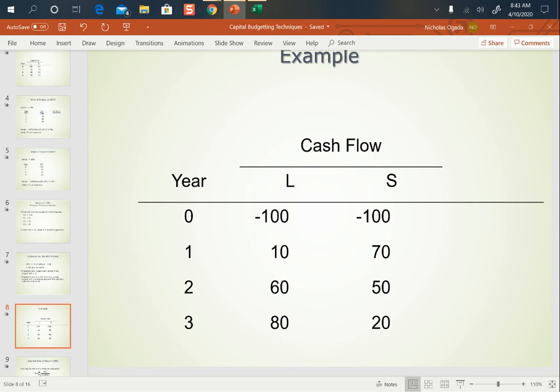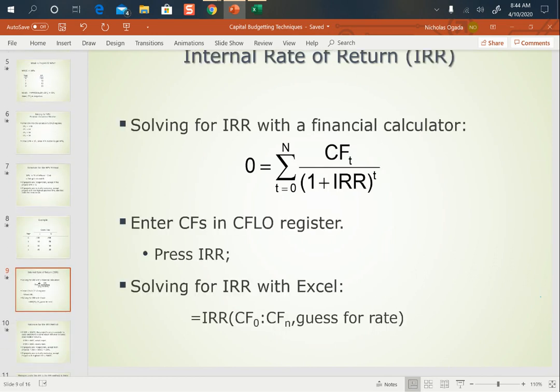So our focus is what percent will make the net present value of all these cash flows equal to zero. It's similar to what we did with the net present value, but the only difference is we are looking for that percent that makes the NPV zero.